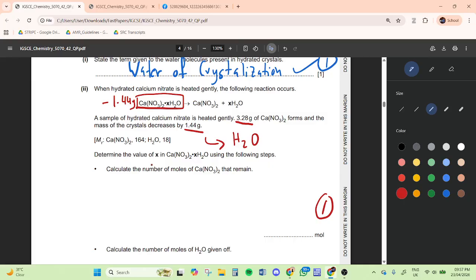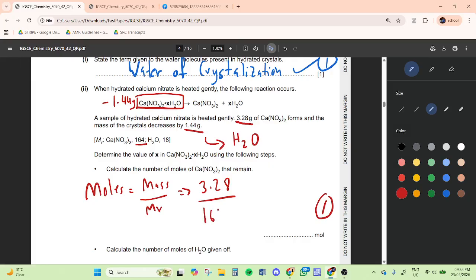So the first step they're asking us to do: determine the value of X in calcium nitrate using the following steps. Calculate the number of moles of calcium nitrate that remain. So moles is equal to, this is an age-old formula, mass by Mr. The mass that we have is 3.28 grams, so we put that in and divide it by the Mr of calcium nitrate, which is 164.